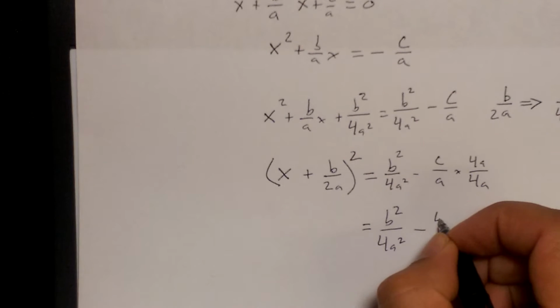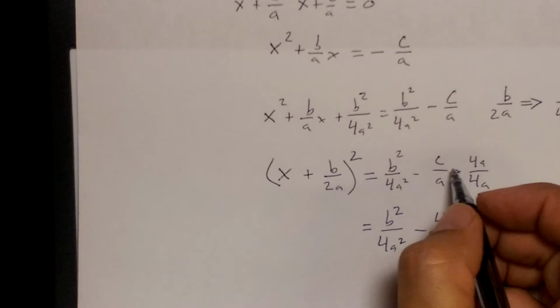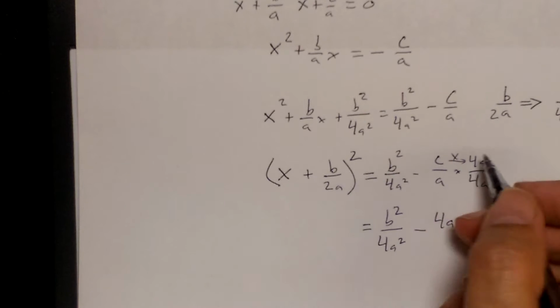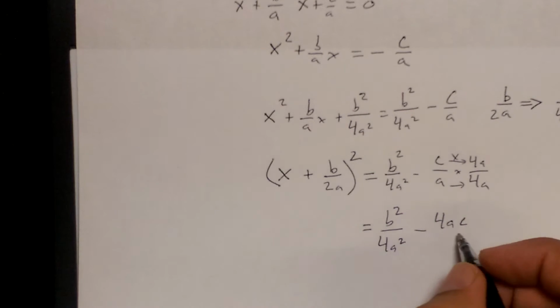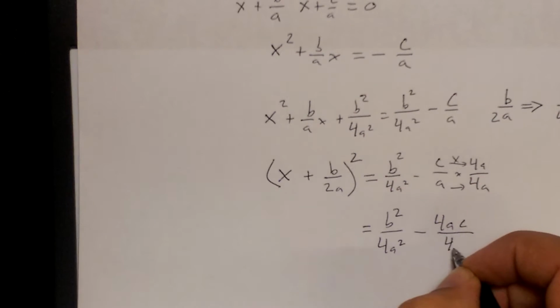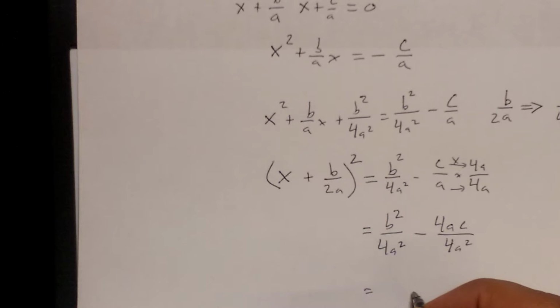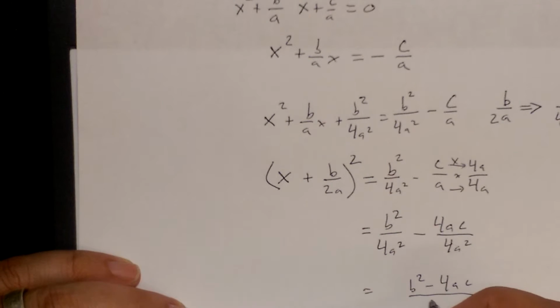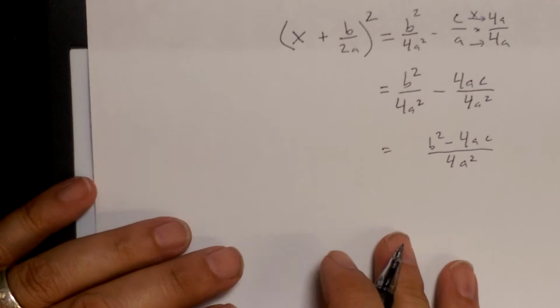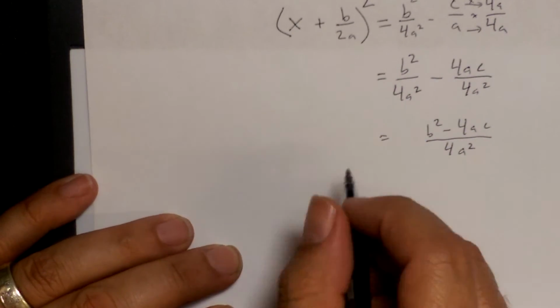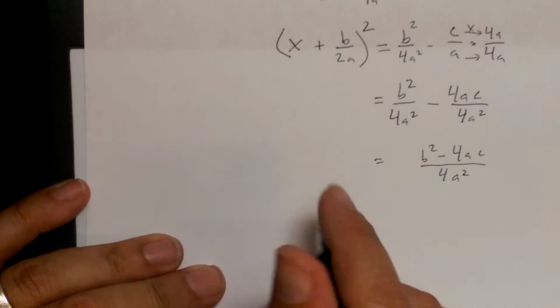This will give us 4ac as we multiply directly, and then we'll multiply directly for our denominator, and we'll get 4a squared. Now I can simplify this, and I have b squared minus 4ac all over 4a squared. And again, this has to be equal to our original perfect square.